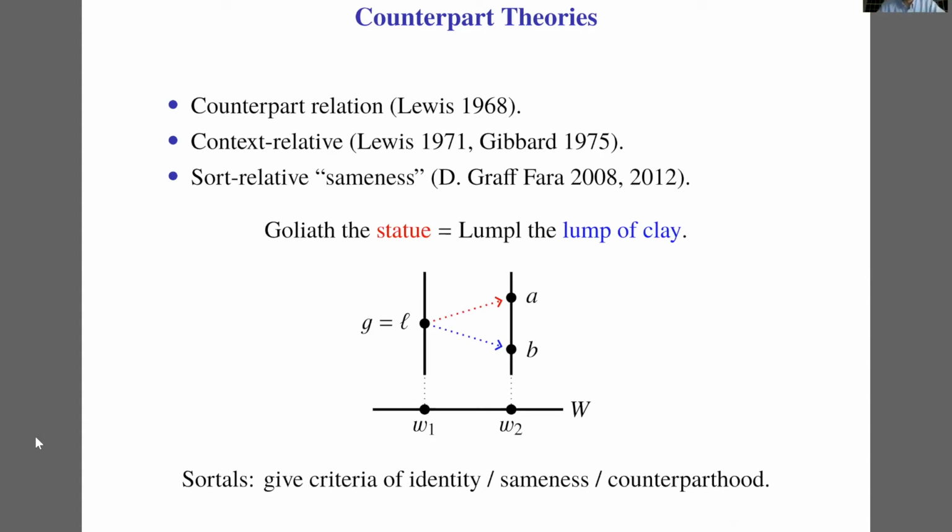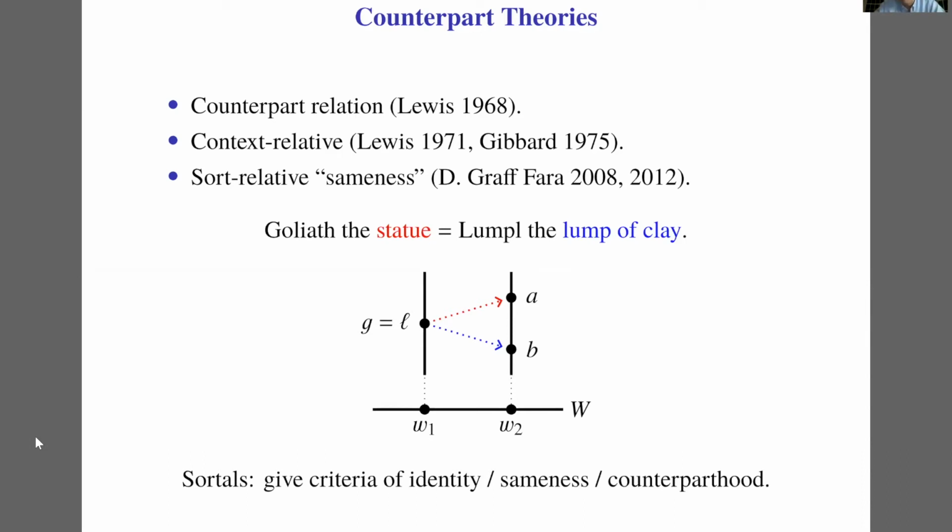For instance, the Gibbard example is that sometimes there are identities that are coincidental. Like in this world, you may have two things: Goliath, the statue, and Lumpl, the lump of clay. And in this world, it happens to be the case that Goliath is made of this lump of clay. Therefore, Goliath equals Lumpl.